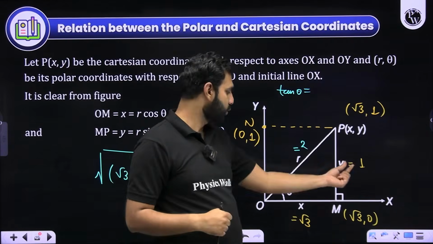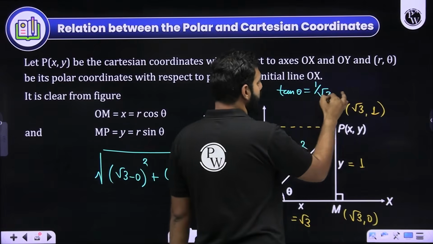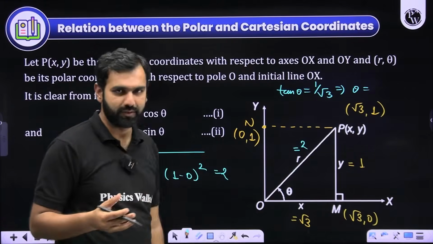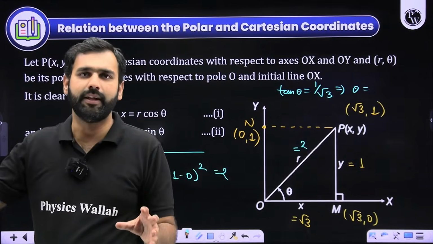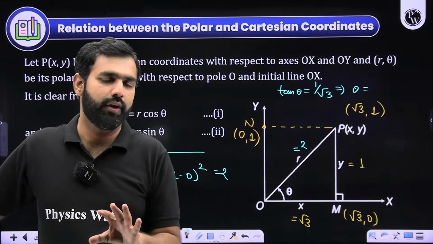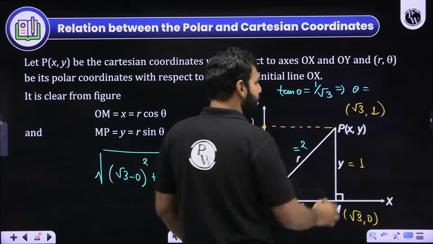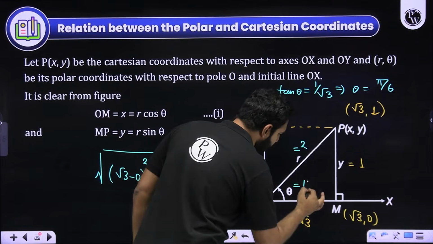Perpendicular is 1, base is root 3, as we have already figured out. So tan theta is going to be 1 by root 3. Can you help me with theta here, its principal value? We all know tan theta is 1 by root 3 when theta is 30 degrees. So theta here is going to be pi by 6.